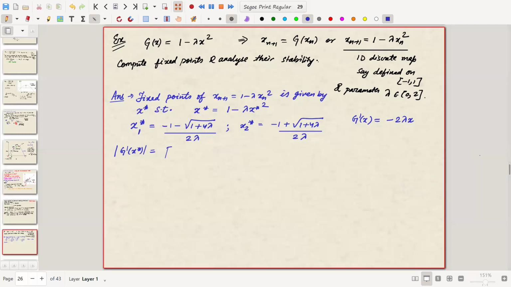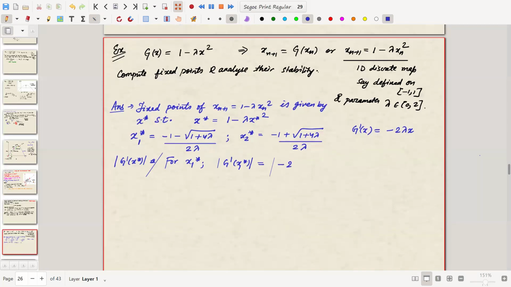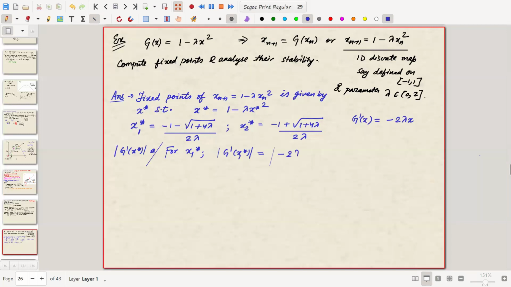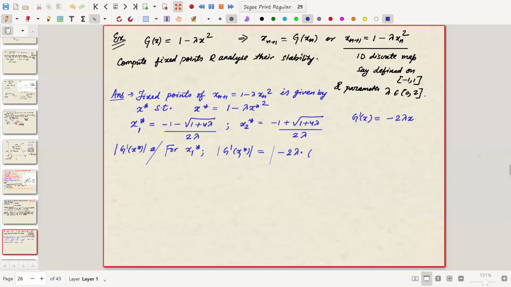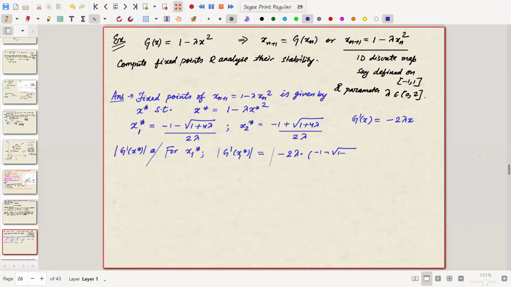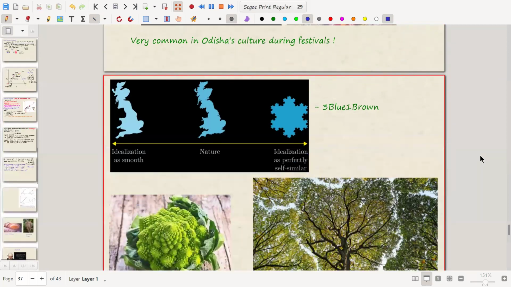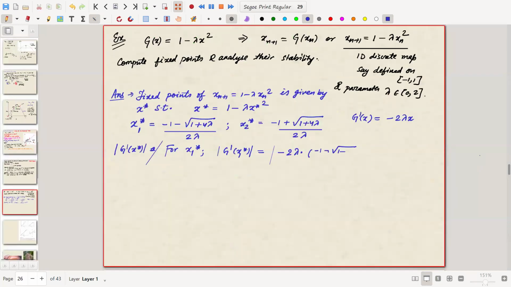Now for x1 star, we want to evaluate g prime of x1 star. That is equal to the modulus of minus 2 lambda into x1 star. x1 star is given by this quantity over here, minus 1 minus root over 1 plus 4 lambda, divided by 2 lambda.